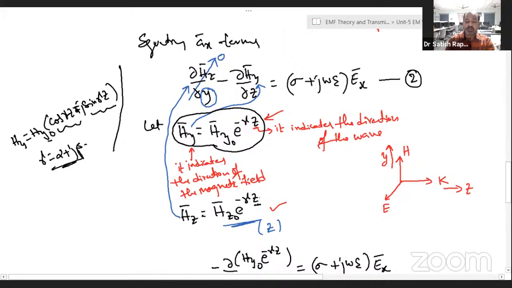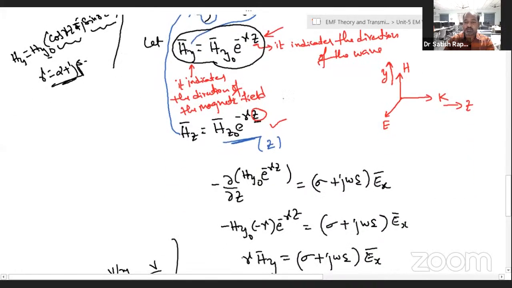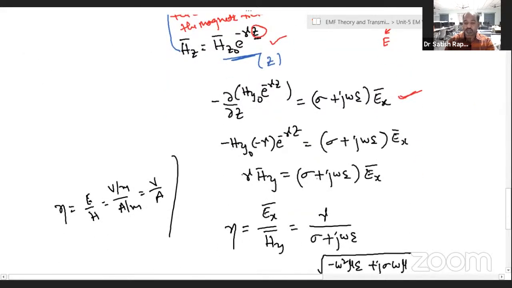Here z means the wave is propagating in the z direction, right? So the e power minus gamma z component is common to all. Substituting these two in equation 2 and differentiating, we will get this equation, right?